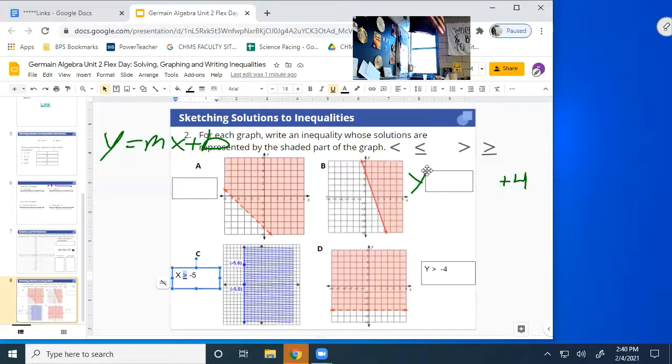It hits perfectly here and here. So it has a rise of, trickster, don't get tricked. How much is it going? What direction is it going, Jessica? Up or down?